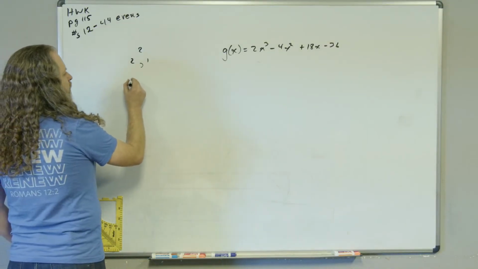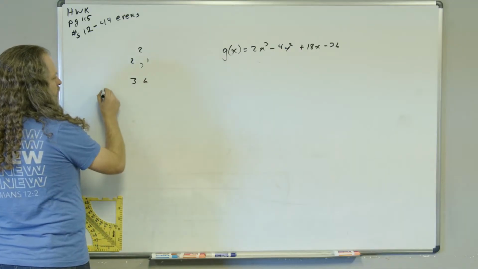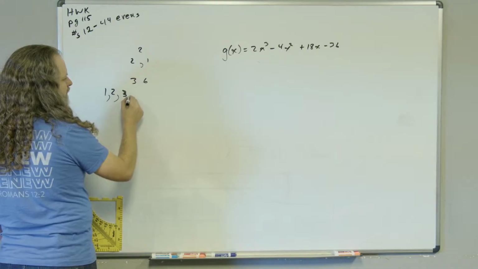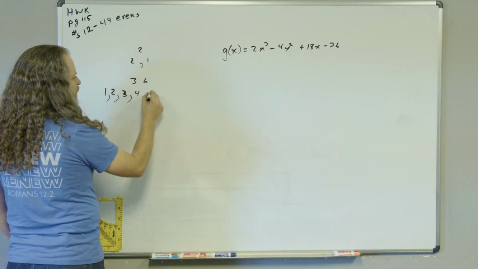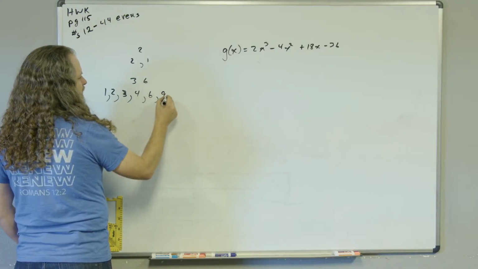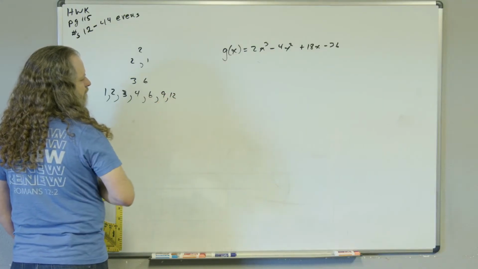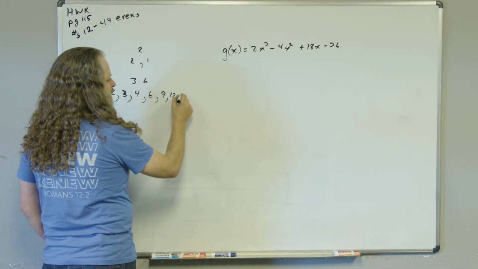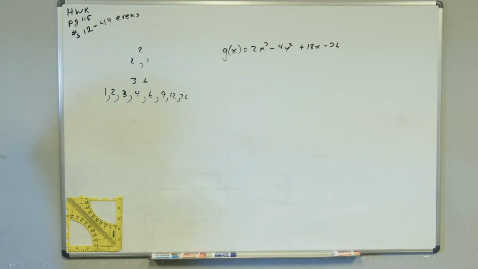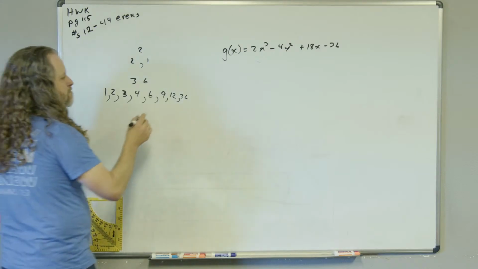Factors of 36: 1, 2, 3, 4, 6, 9, 12, and 36. Wait, 18. We are missing 18.